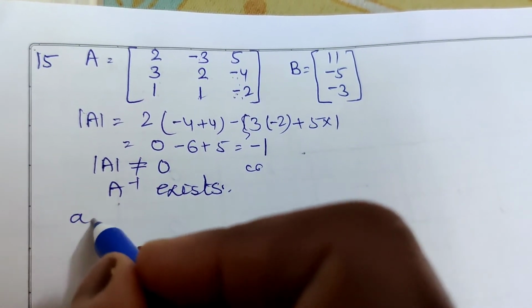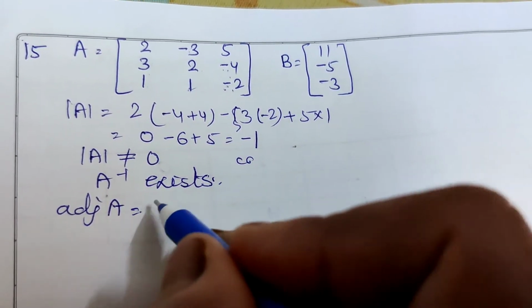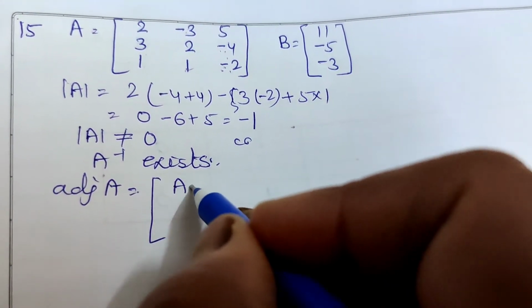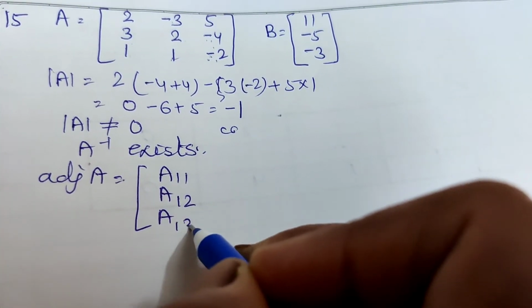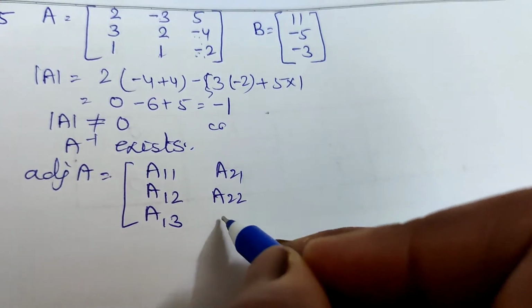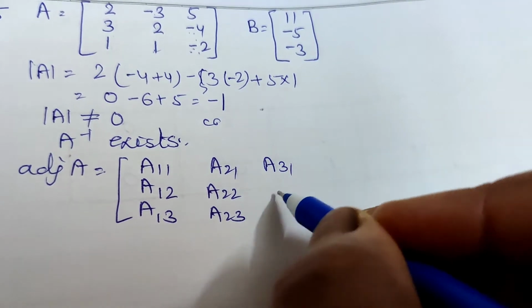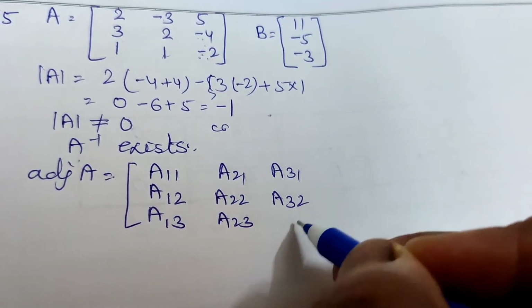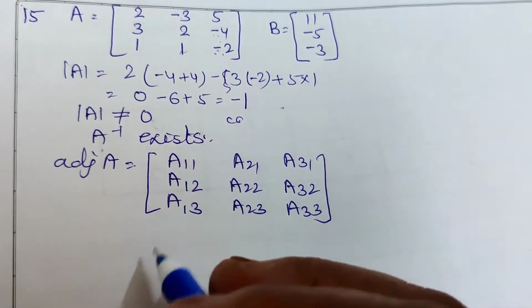First we have to find the adjoint of A. The adjoint of A is the transpose of the cofactors, like this: A21, A22 and A23. Here is A31, A32 and A33. First find A11.